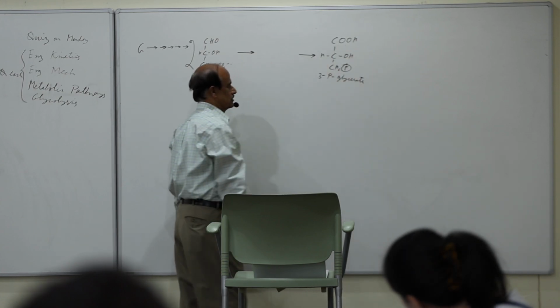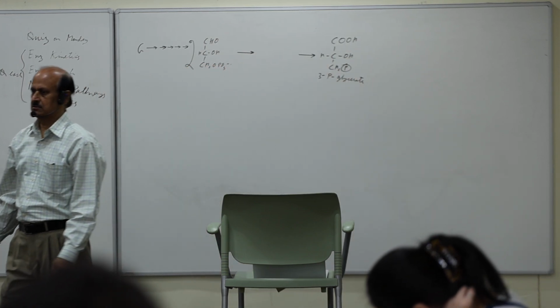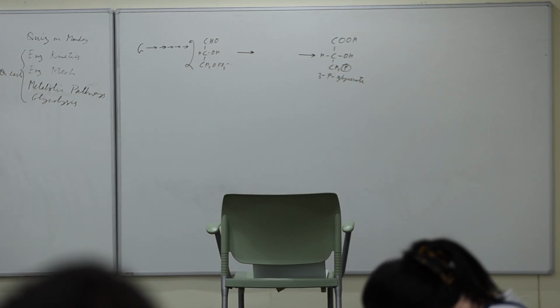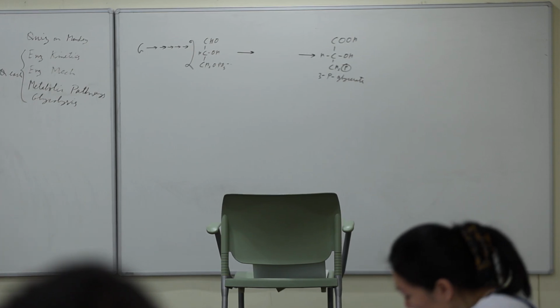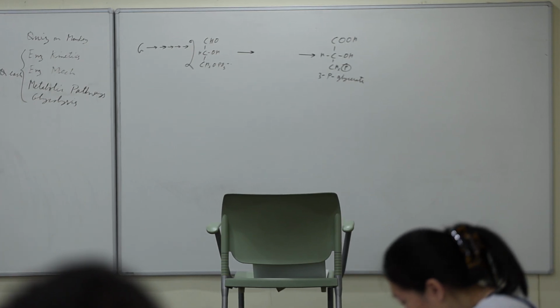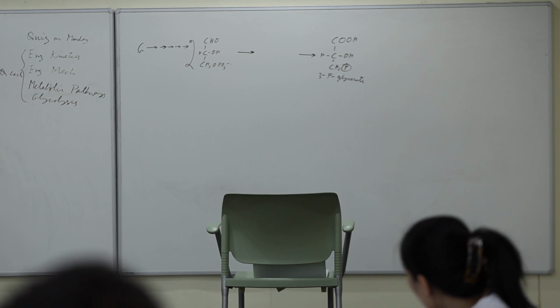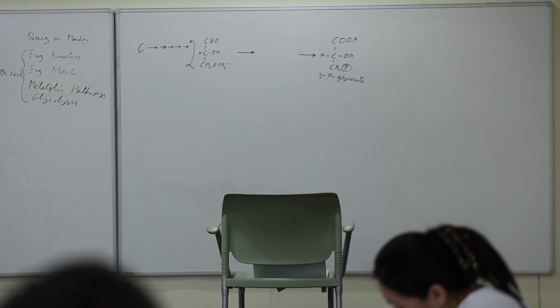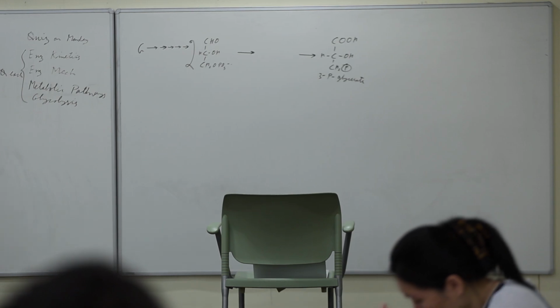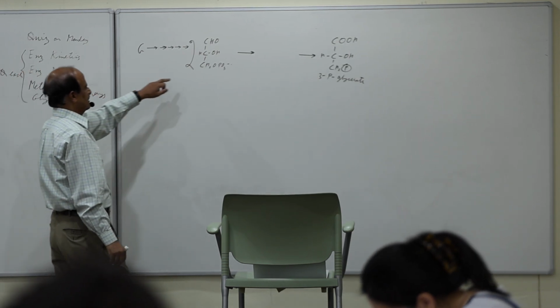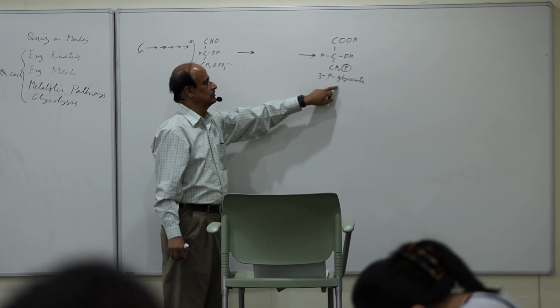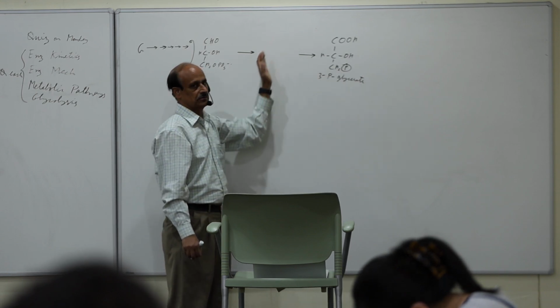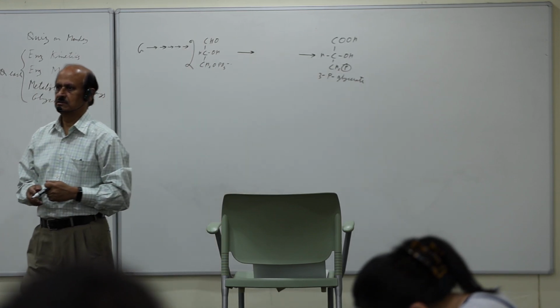So because the product will be a carboxylic acid, then this is a glyceric acid, so this is called 3-phosphoglycerate. Yes? Sorry, just one question. What step is this exactly? 5 or 6? 6. 6. So in this reaction, aldehyde is converted to the acid through another step in between.